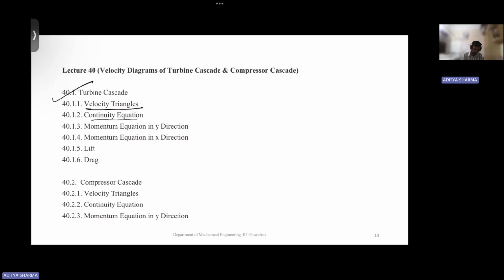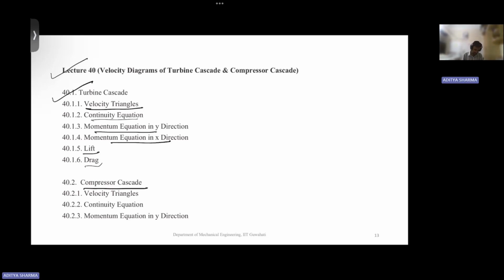Then continuity, mass conservation equation, momentum equation in y direction, momentum equation in x direction. Then lift and drag have been discussed. I'll draw the velocity triangles here. I believe that will suffice and will do the job of understanding all other related topics.